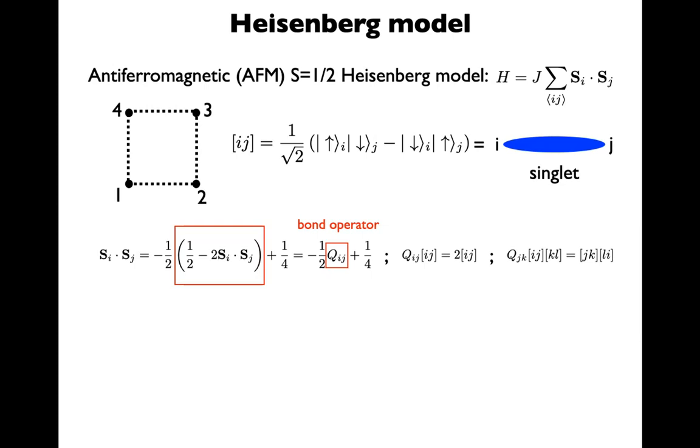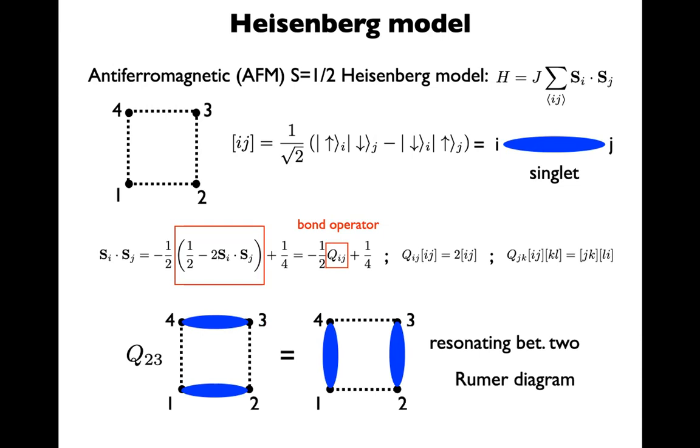And if this bond operator acts on another bond, for example ij and kl, it will actually switch my singlet partners. So Q_jk acting on ij and kl will generate jk and then li. This picture is called the Rumer diagram.